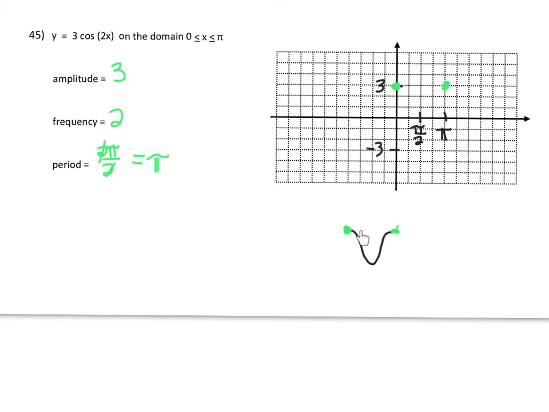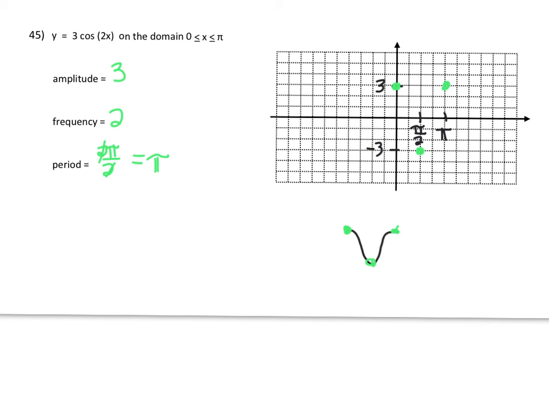Now, halfway in between these 2 maximum points, if you work your way into the middle, we're going to drop all the way down to the minimum of negative 3. And then halfway between any maximum and minimum, we're going to be on the x-axis. So since from here to here, there's 2 boxes on the x-axis between them, half of 2 is 1.